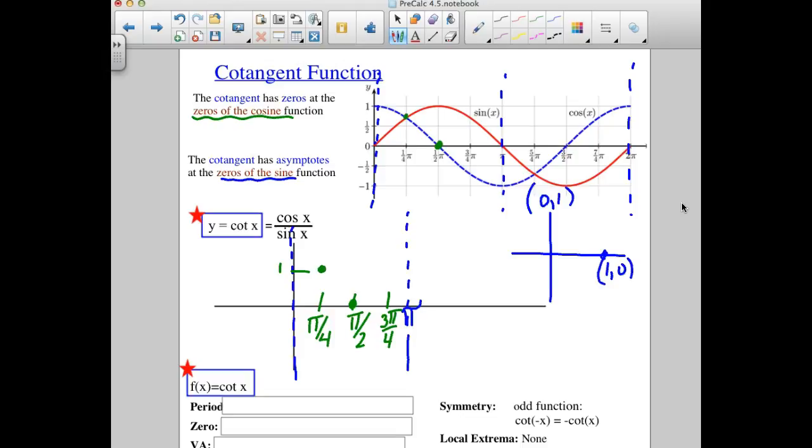What happens at 3 pi over 4? We'd be at negative 1. In your unit circle, 3 pi over 4 is over here. It's still going to be that root 2 over 2 combination for your ordered pair, but your x-coordinate would be negative. So cotangent's going to be negative 1.